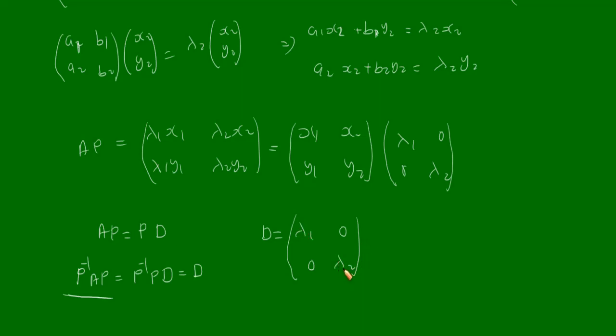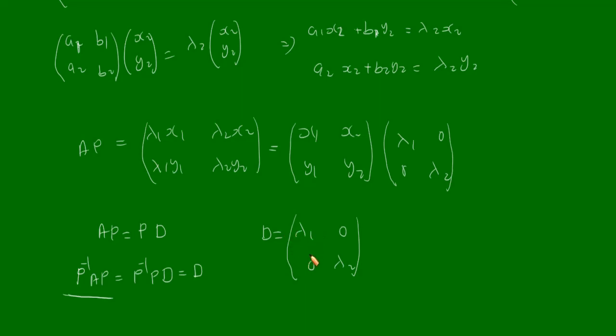So if you want to diagonalize a diagonalizable matrix, we have to find its eigenvalues and write them as the diagonal elements, with all other off-diagonal elements 0. That will be the corresponding diagonal matrix of the matrix.